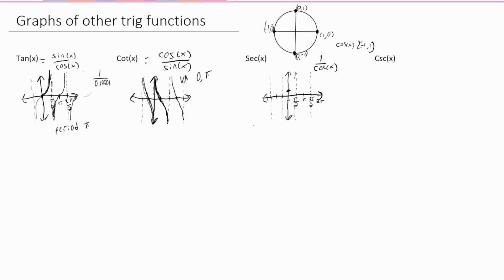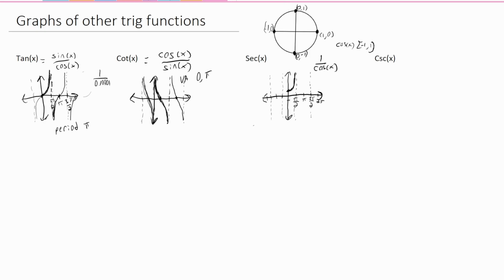And then as we approach this asymptote, we're going to be going to positive infinity. Again, because our x value is always going to be positive when we're to the left of pi over 2, or in the first quadrant here, our x value is positive. So when we get these really, really small values for x, we're getting 1 divided by a really, really small positive value. So we're going to go to positive infinity.